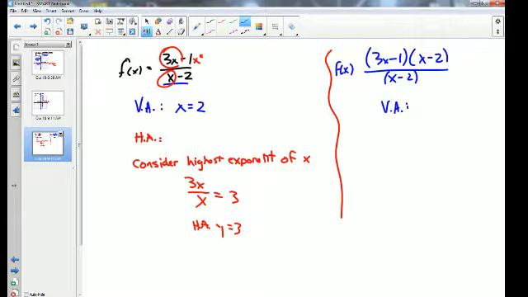You look at the denominator and you say, well, 2 makes this 0, correct? Yeah. But what does 2 also do to the top? It makes it 0 as well. Do you remember me showing you this? Oh, yeah. Okay, so there is no vertical asymptote because we can factor out that denominator.